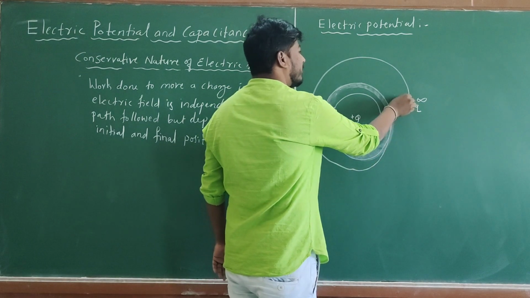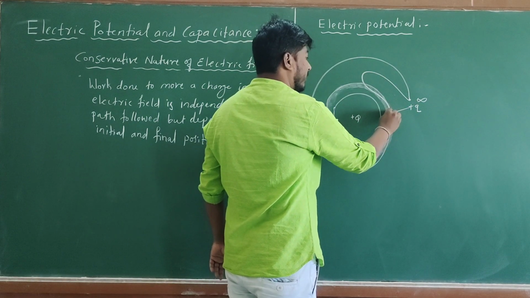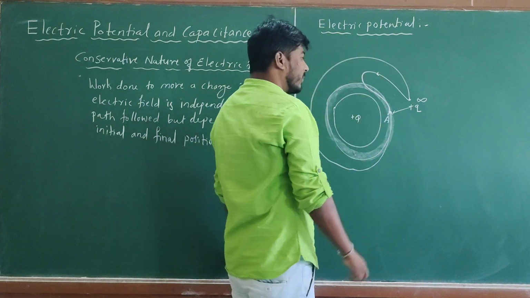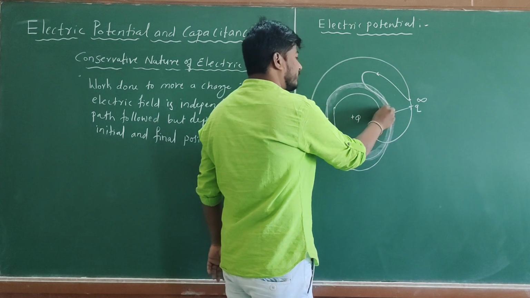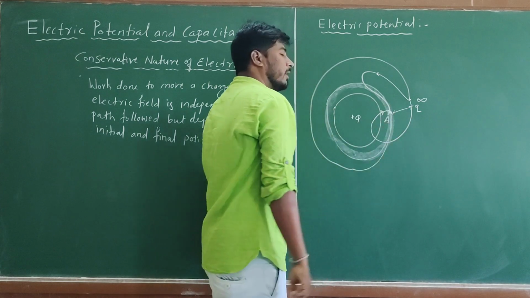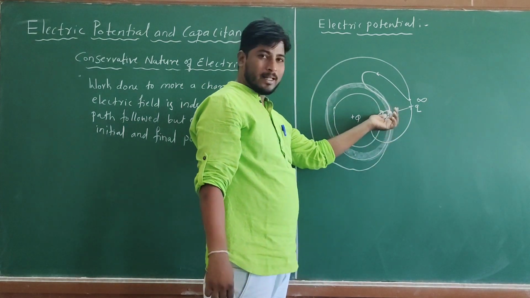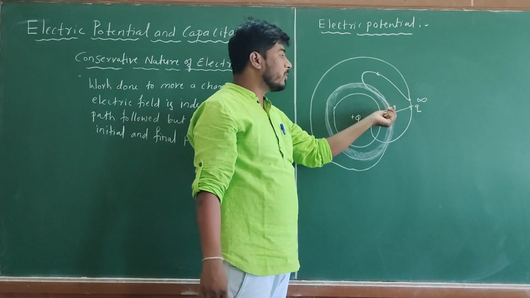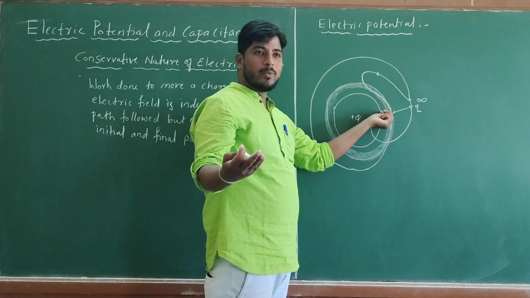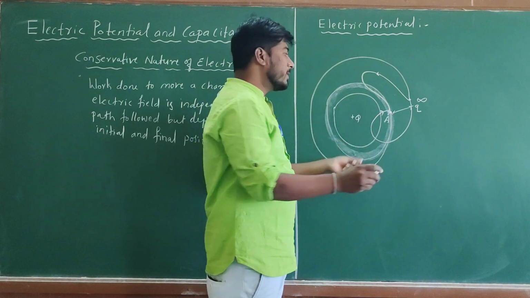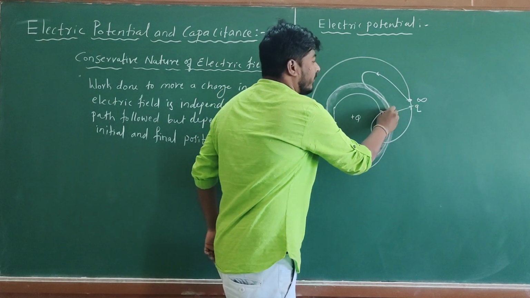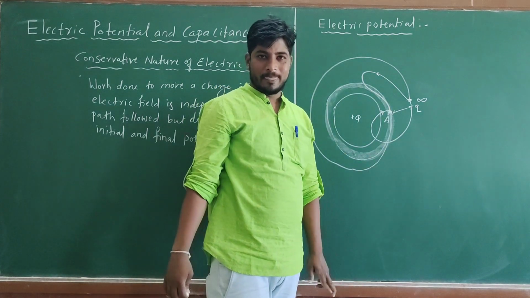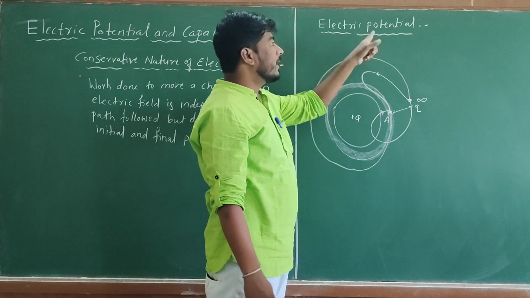I can come from this angle, this path, or I can follow this path also. If I want to bring this unit positive charge from infinity to this point, no matter what path I have followed, it depends only on its initial and final positions. That is nothing but the electric potential.